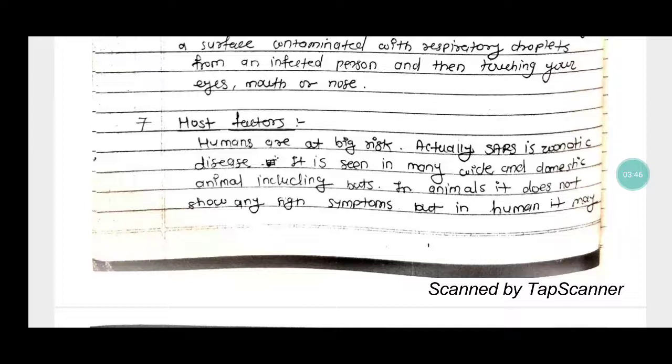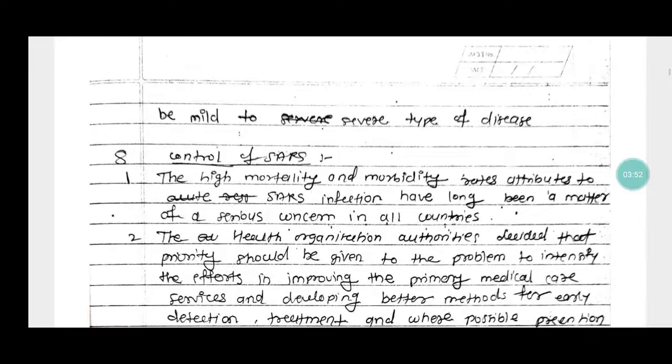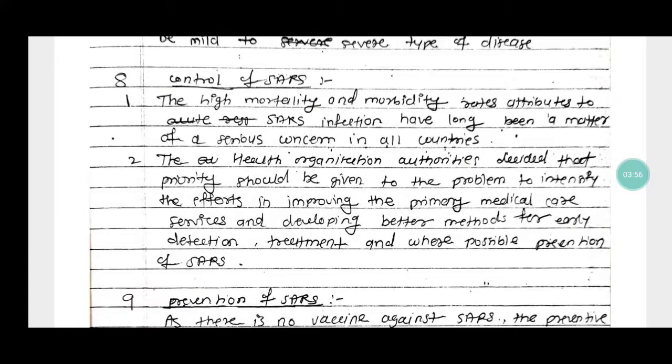In these animals, there are no signs or symptoms, but in humans it may cause mild to severe disease. So for the control of SARS, the high mortality and morbidity rate attributed to SARS infection has long been a matter of serious concern in all countries.